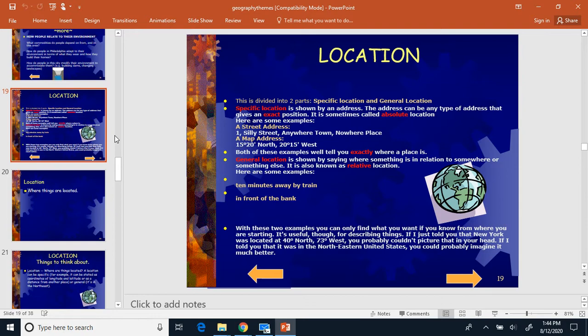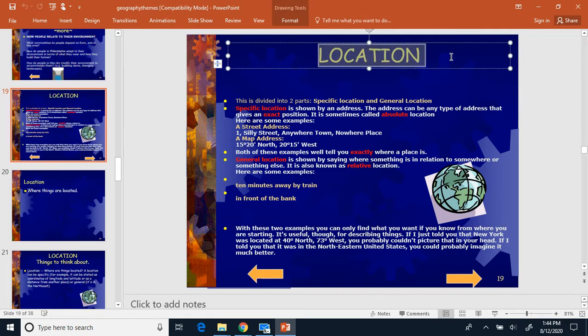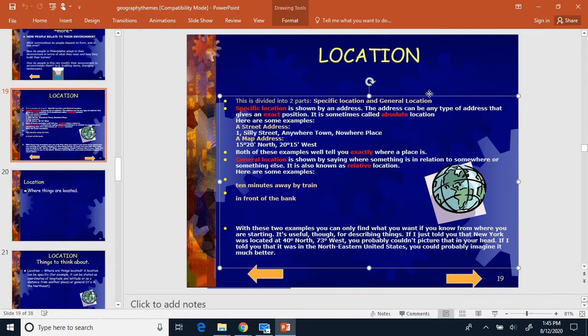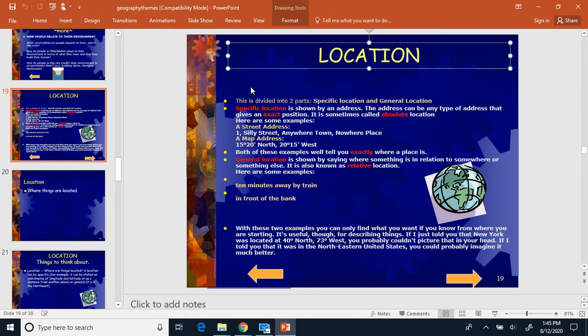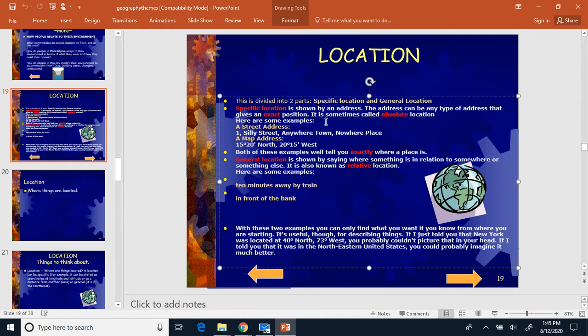So now we're on to location. Go ahead and make a new bullet and write down location. For location, we're talking about exact location or a general location. Now, exact location is latitude and longitude, like what I showed you guys on Google Earth the other day.